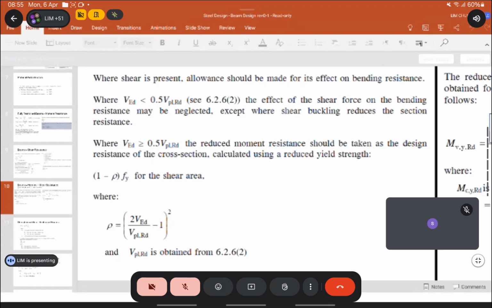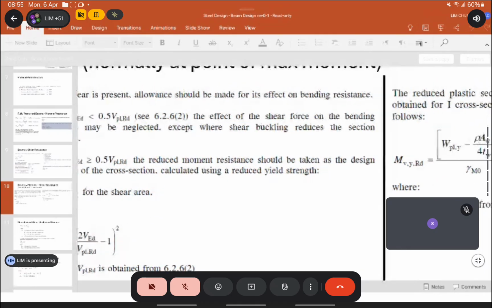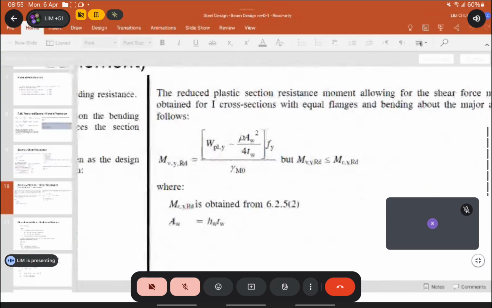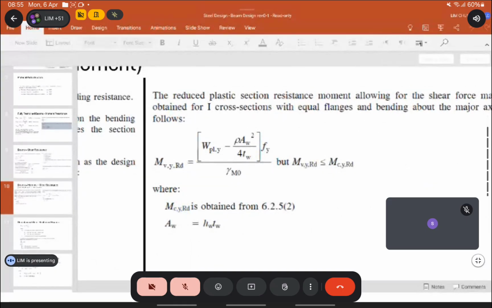Normally what you do is calculate rho first. Rho is 2 times your maximum shear force divided by VPRD, which is your shear capacity, minus 1, and then the whole thing squared. After that, you go to the next formula and calculate MVYRD, the reduced moment capacity due to shear action.